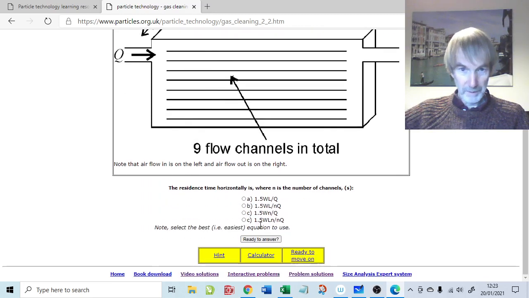Although technically speaking the most appropriate equation to use probably would be C, there's no point using it.